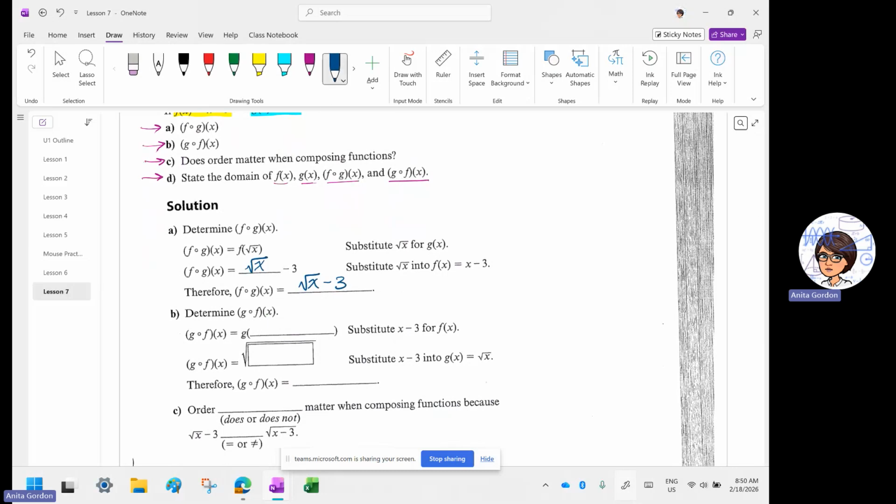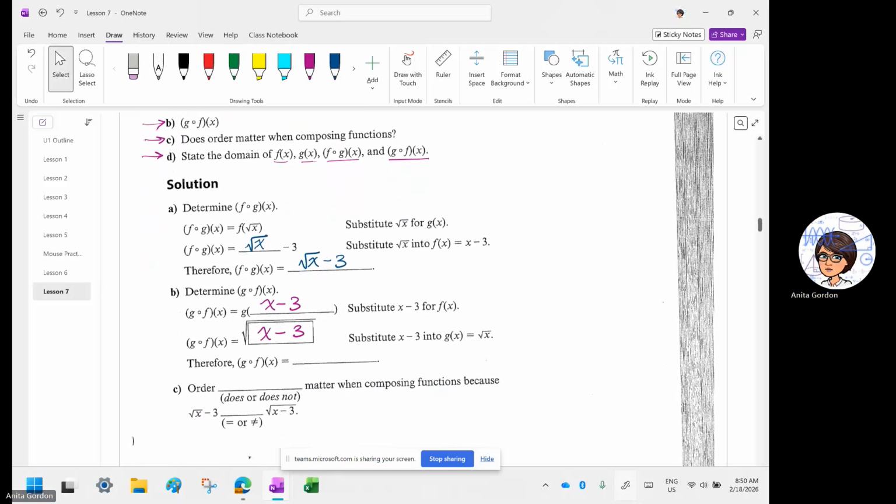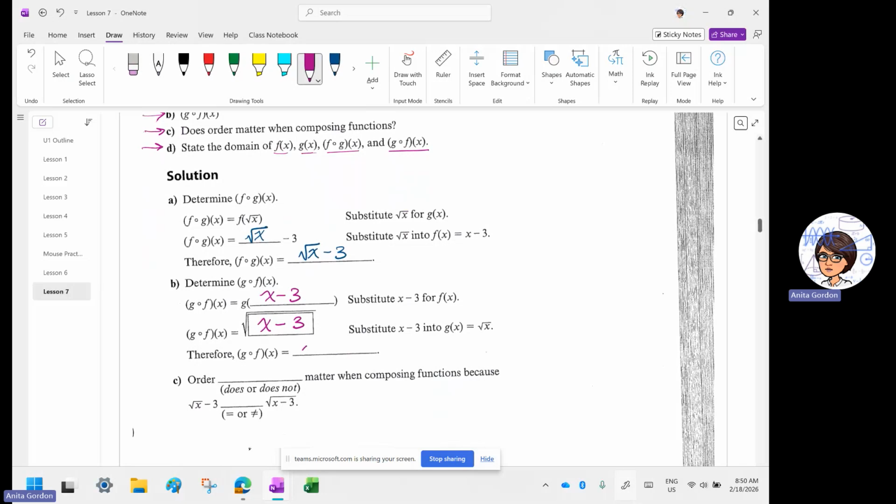We are going to look at g on the outside, x minus 3 on the inside. So big square root. Actually, let me do this in a different color, just so we keep everything separate. g of f means g of x minus 3. We're putting x minus 3 in where we see x. So g of f is the square root of x minus 3, where they are on the inside.